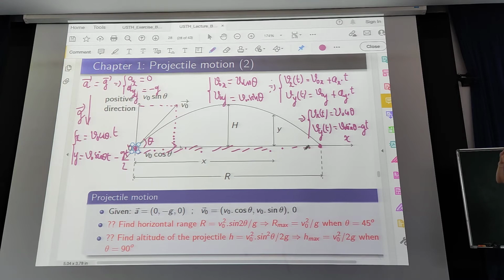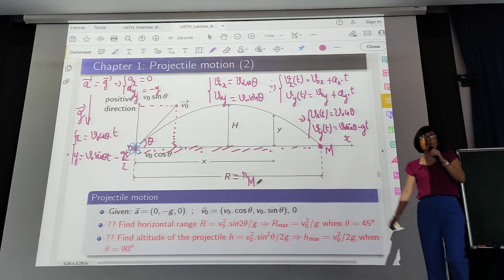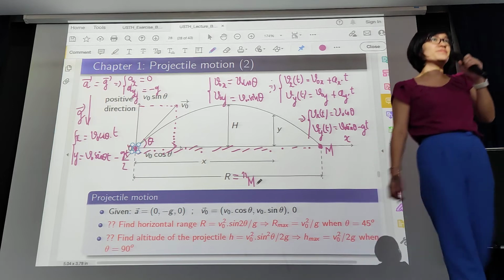The name is horizontal range. Okay? So R is equal to x at this time. So how can you calculate this? At this point, I denote the point M. So actually, R is equal to x at M, right? How can you maximize R now?